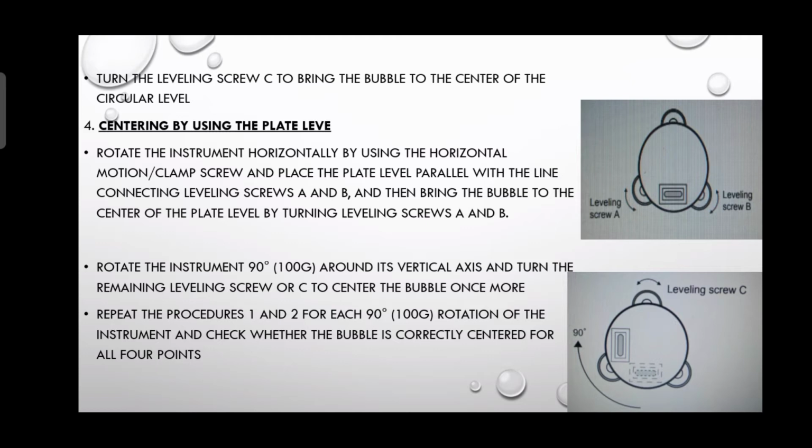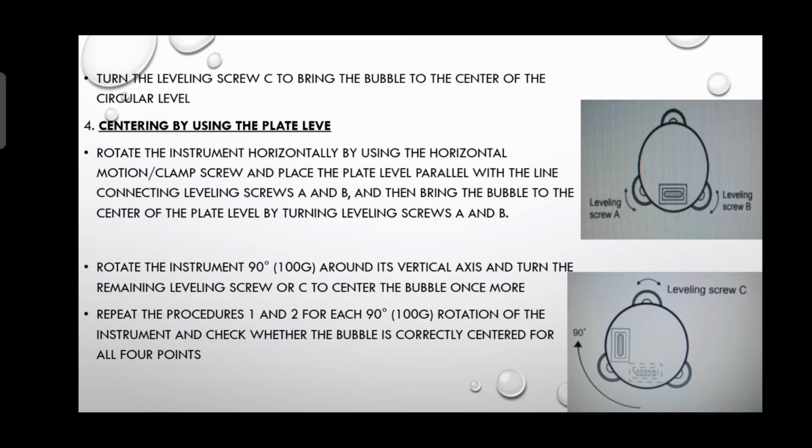Step number 4, centering by using the plate level. Rotate the instrument horizontally by using the horizontal motion clamp screw, and place the plate level parallel with the line connecting leveling screws A and B. And then bring the bubble to the center of the plate level by using leveling screws A and B. See the picture that I put there.